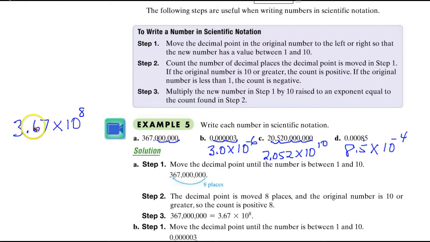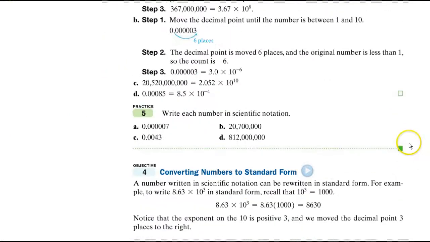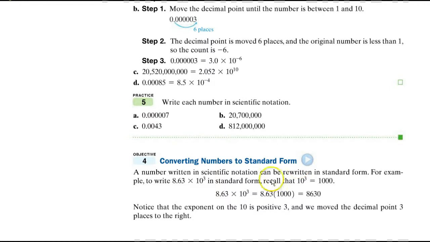Here it's saying you're going to have how many places to move this decimal? 8. Well, there's 2, so you would have to add 6 zeros to get your 8 places, and it works this way. Let's see it in action. So here's 3 places. We have 2 here already, so we have to just add 1 zero.